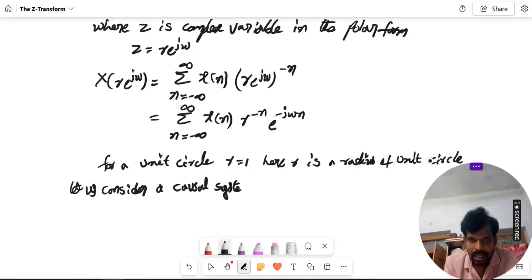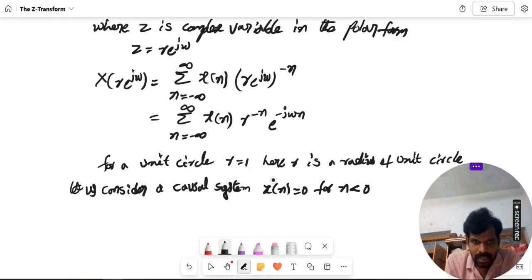So according to that, x of n is equal to 0 for n less than 0.